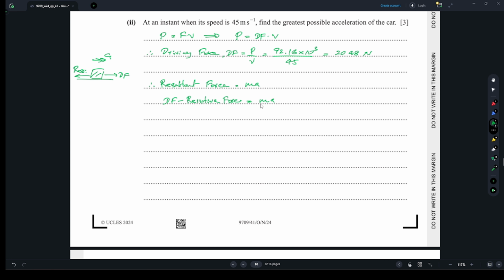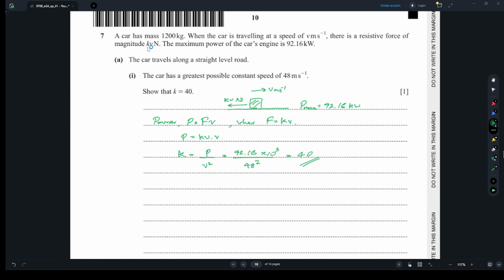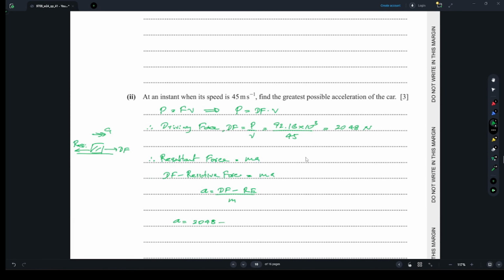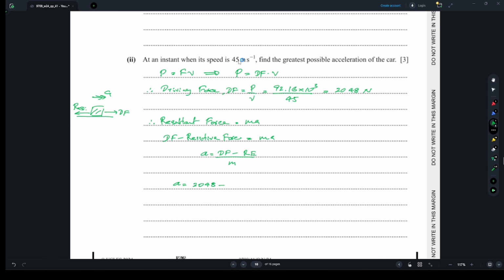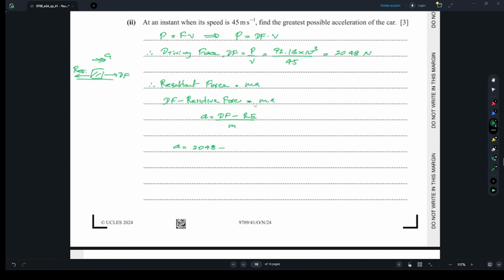Okay, so now acceleration equals the driving force minus the resistive force divided by m. So the driving force, we found, is 2048, minus the resistive force, which is given by kV, they gave us in the beginning. So k value is 40 and the velocity at that instant is 45.